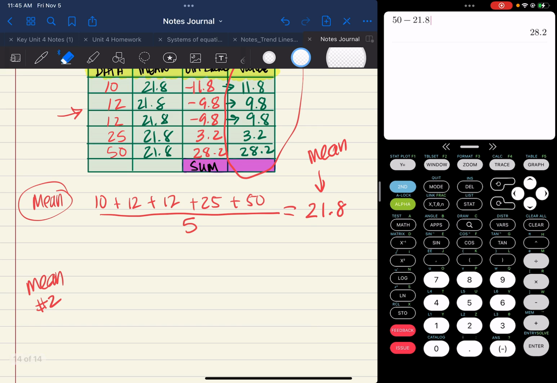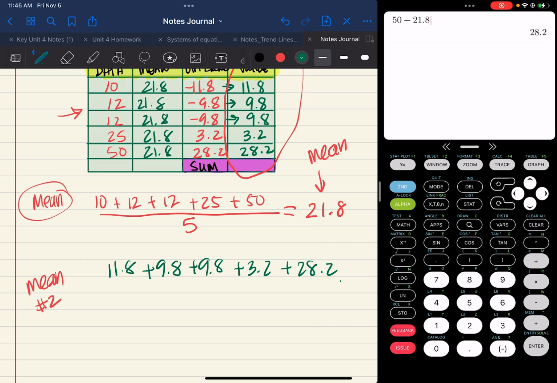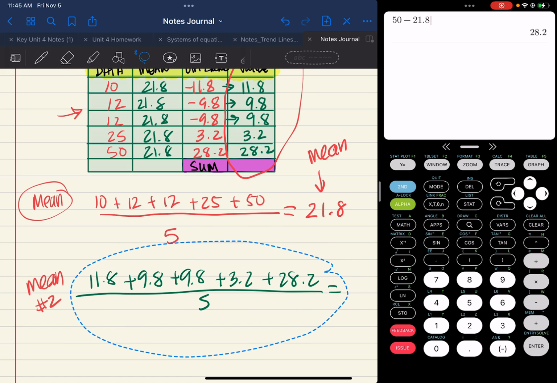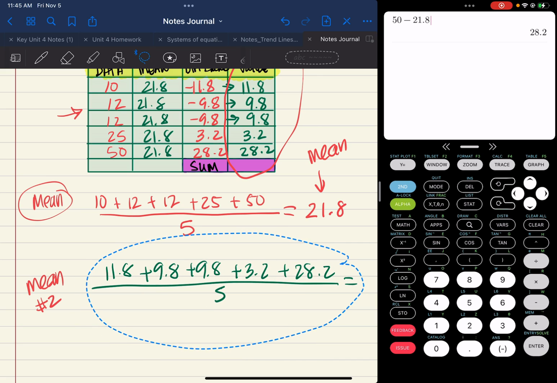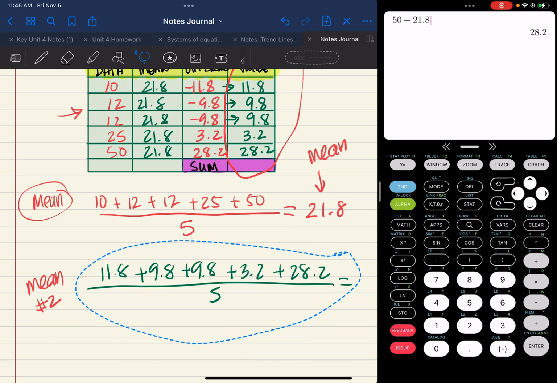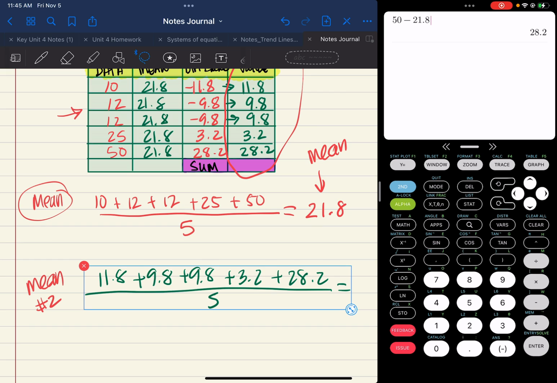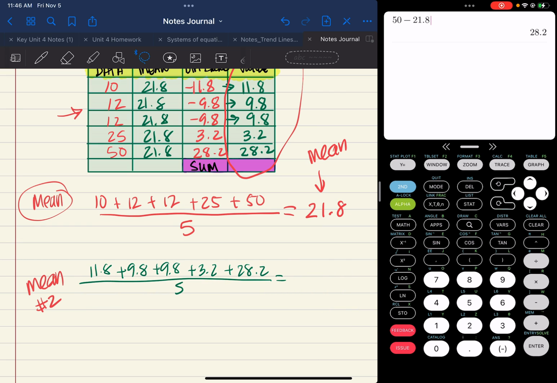We have 11.8 plus 9.8 plus 9.8 plus 3.2 plus 28.2. When we take the mean, we divide, and we have 5 numbers, so we divide by 5.